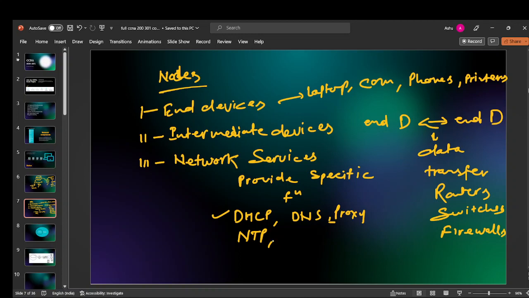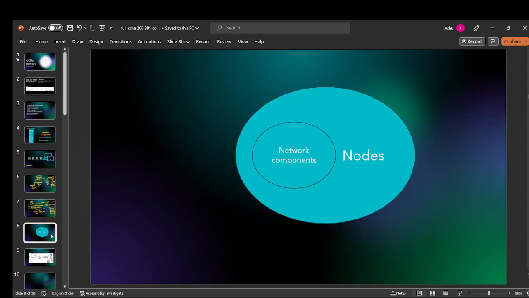Do you know, for your kind information, we can differentiate. Everything you should know about this point. Here, this is the biggest diagram, nodes and network components. All network components come under nodes. That means we cannot say all nodes are network components.